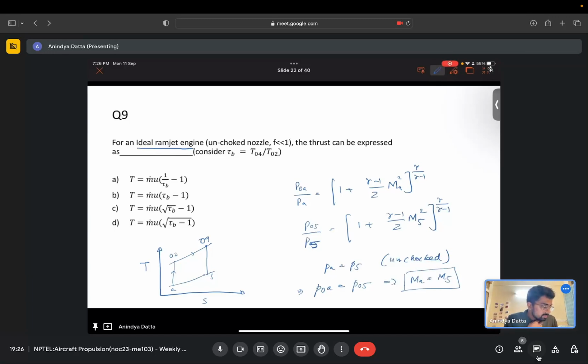If you express this in terms of the pressure ratio, you will get that the Mach number at inlet is equal to the Mach number at exit.